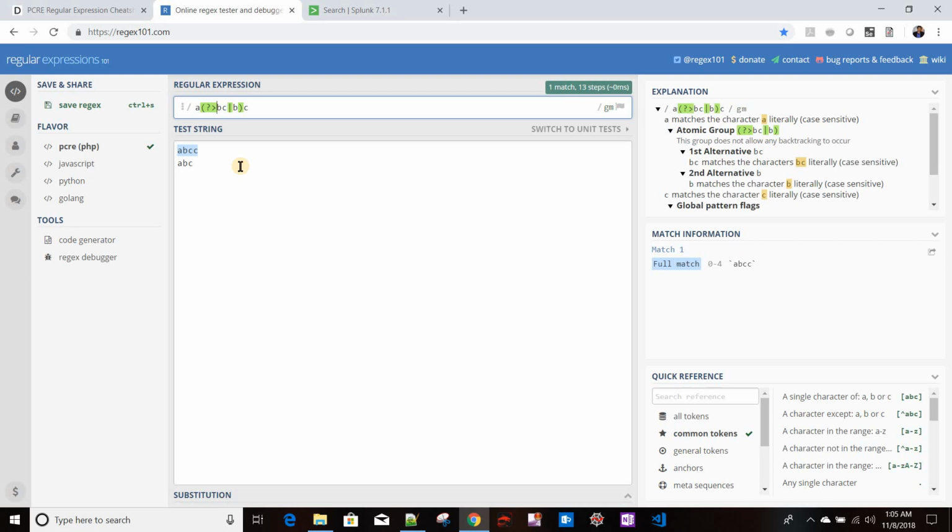So this is how you create atomic grouping. Now let's see how it is working. If you see, now it is not matching ABC. Why? Because the behavior has been changed now because of this atomic grouping. Atomic grouping means, as I told, it did not save its result there.